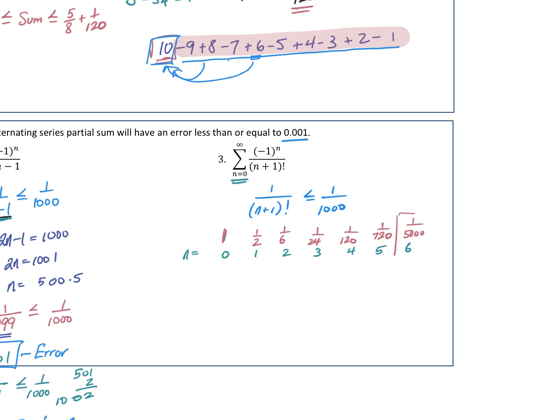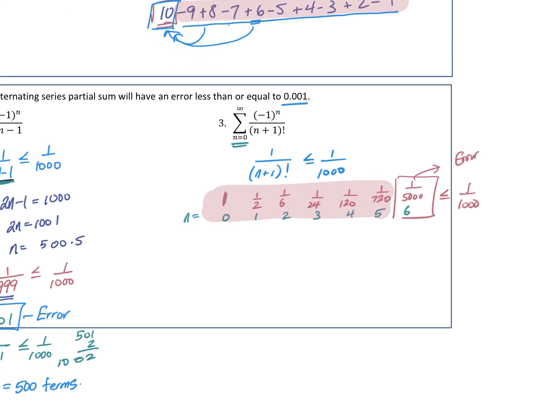So this is the first time that it's less than or equal to 1 over 1,000. So this is my error term, which means I need to add up this many terms. So this is 1, 2, 3, 4, 5, 6 terms, but n is going to be equal to 5.